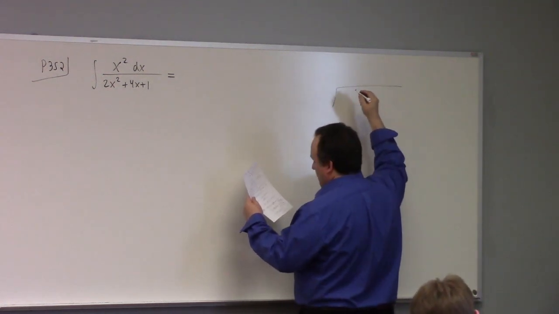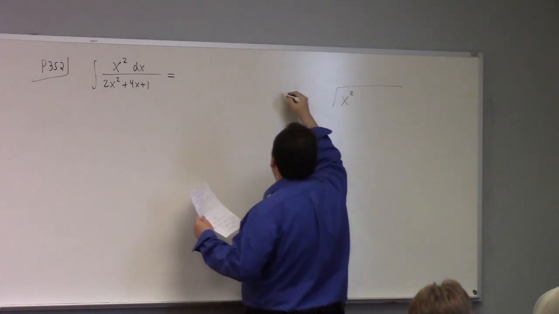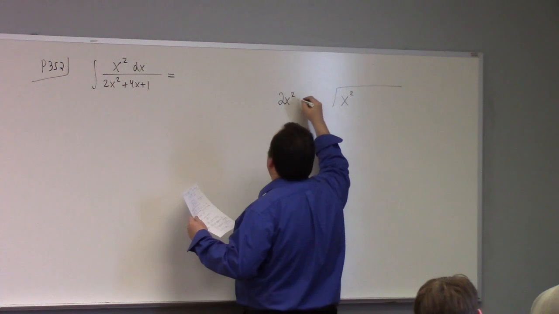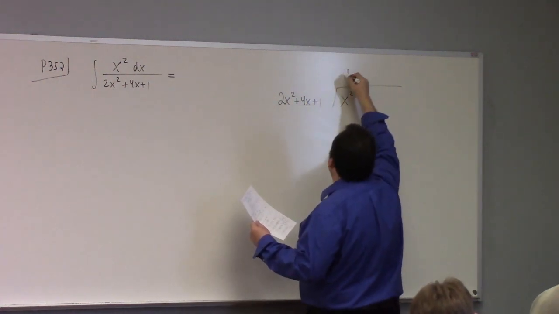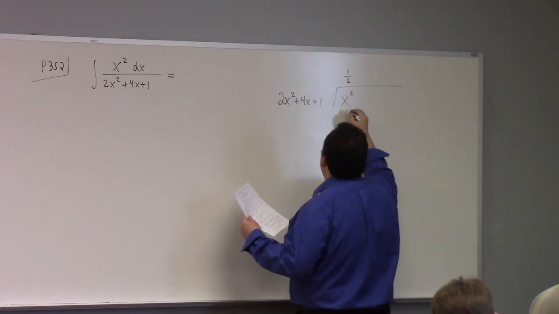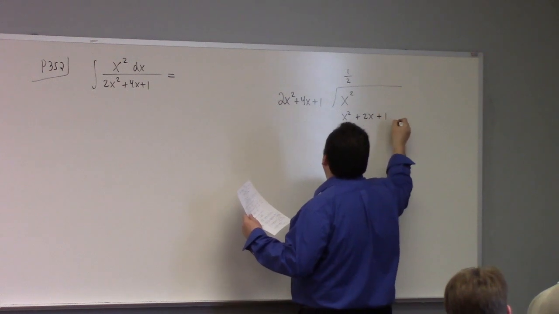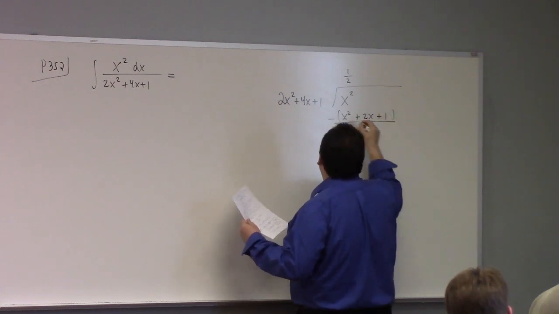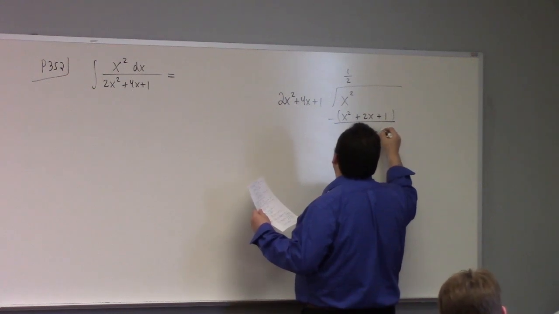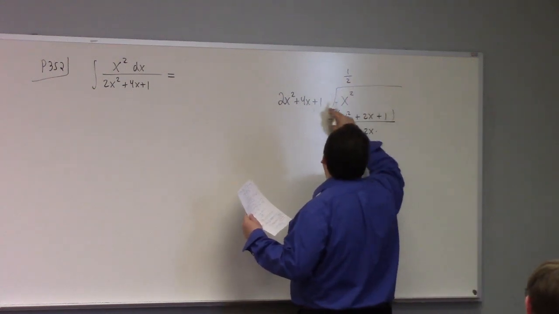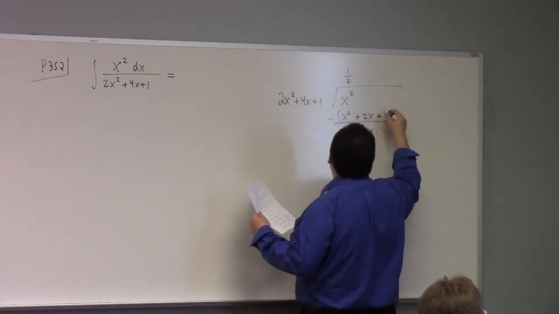So, here's the long division. I've got x squared in my numerator, and I'm dividing 2x squared plus 4x plus 1 into it. To get the 2, I need a half. And then that gives me x squared plus 2x plus 1/2. Oh, my bad. 1/2 times 4 is 2. 1/2 times 1 is 1/2.